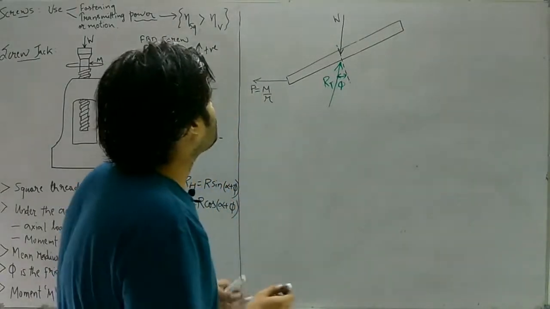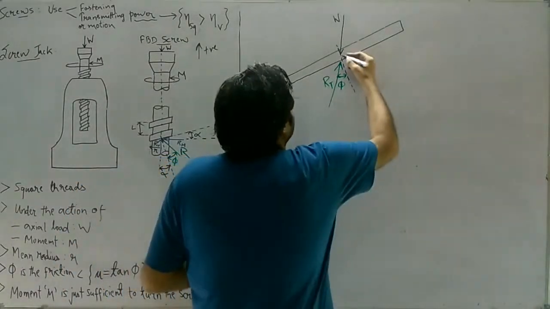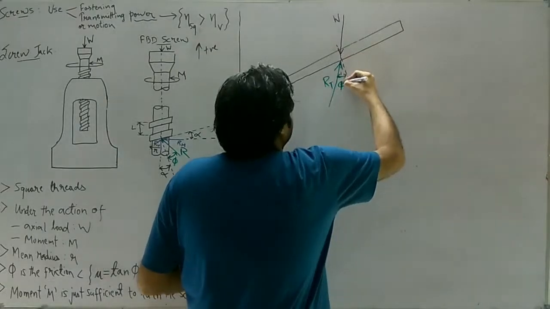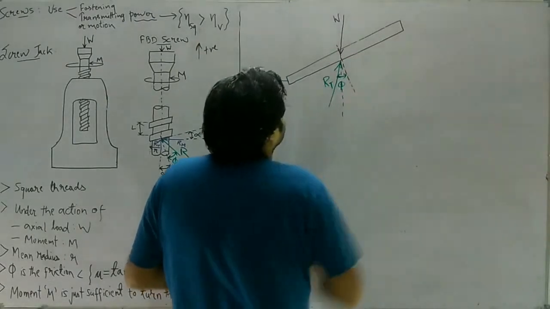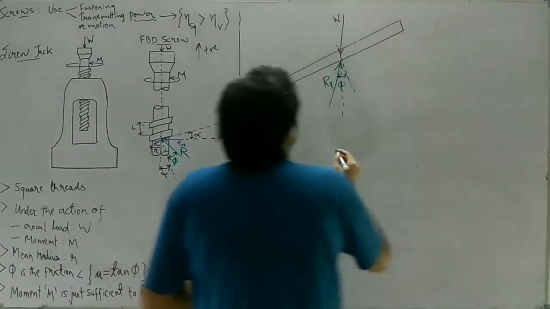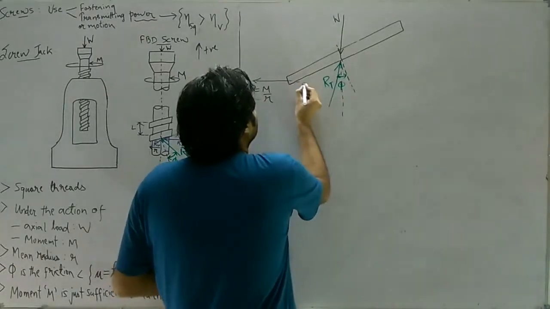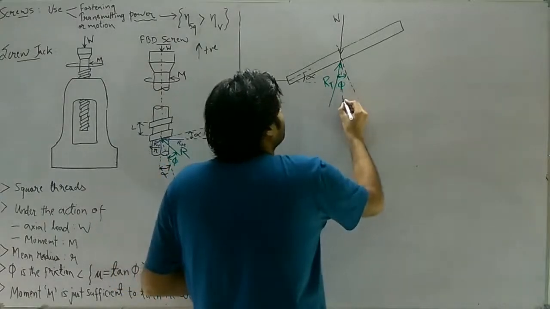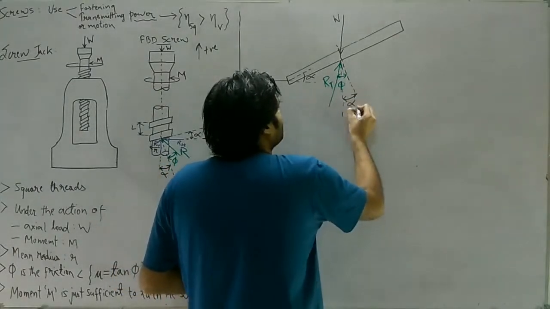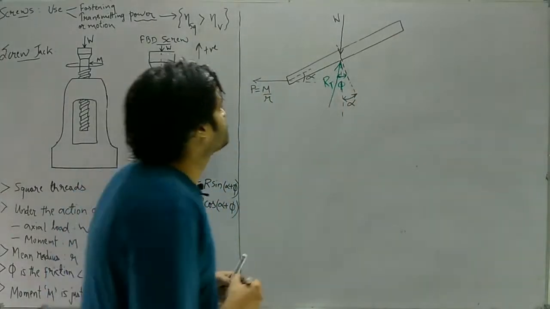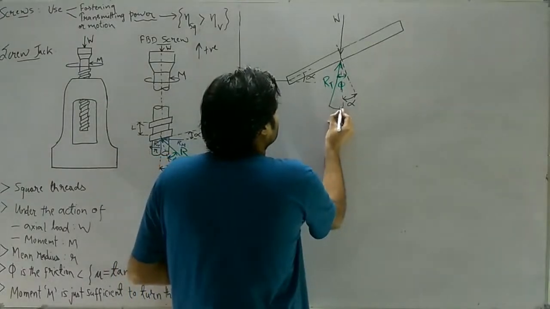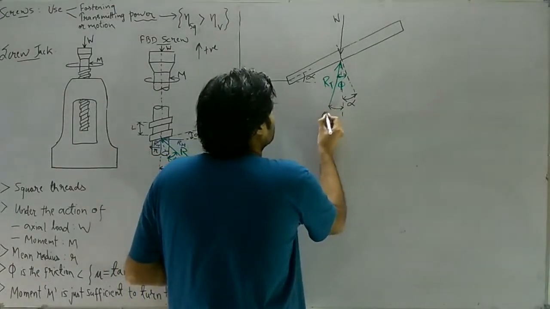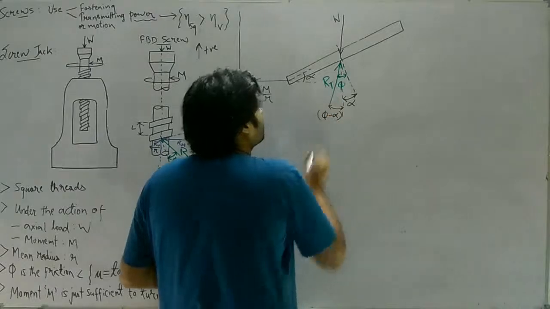Okay, now if we extend the vertical line, then if this angle is alpha, then this angle will be also alpha. So this angle is phi minus alpha.